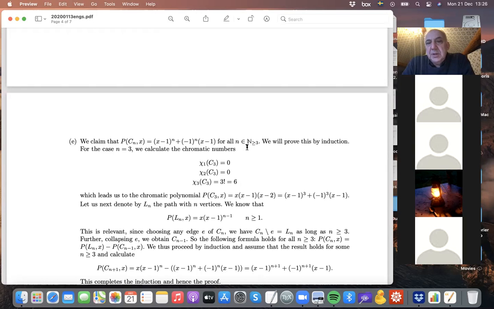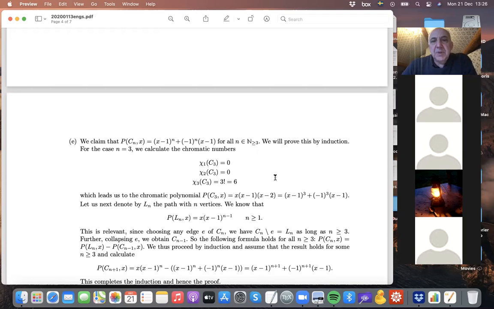And we discussed that the chromatic polynomial satisfies a very interesting relation, which is called deletion-contraction. If we delete some edge from a graph, then its chromatic polynomial equals the chromatic polynomial of the original graph plus x times the chromatic polynomial of the graph obtained by the contraction of this edge. So we're identifying the vertices at the ends of this edge.